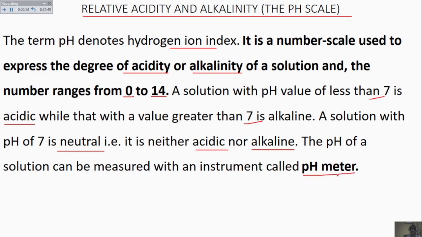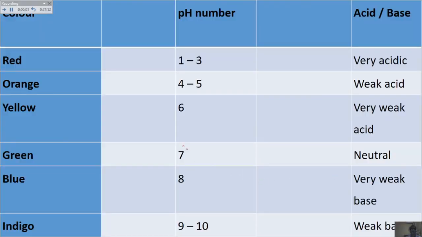I'm going to discuss all this for the class. Now look at it: the color, the pH number, and the words, acid and base. In this particular case, when we're talking about red, you'll be seeing between 1 and 3, and that is very, very acidic.